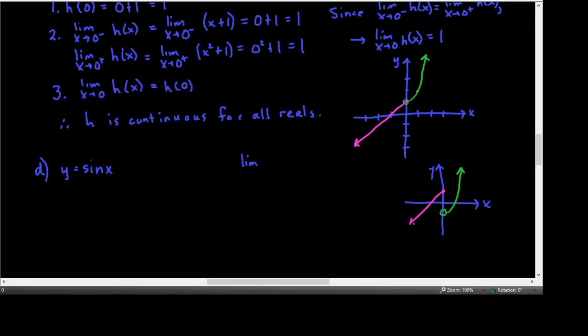the limit as x approaches c of sine of x is, by substitution, sine of c on its domain. And of course, the domain of sine of x is all real numbers. And so that implies that the trig function is continuous for all real numbers.